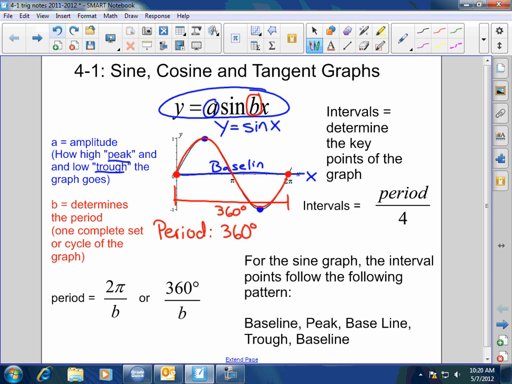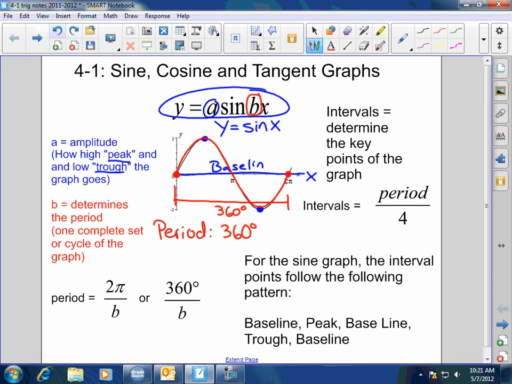All right? So with your B, you're going to find the period, which is going to be 2 pi in radians, or 360 of course in degrees, divided by B. And that is going to give you your period. Now, your end point and your starting point is going to be right there. Now, the intervals.